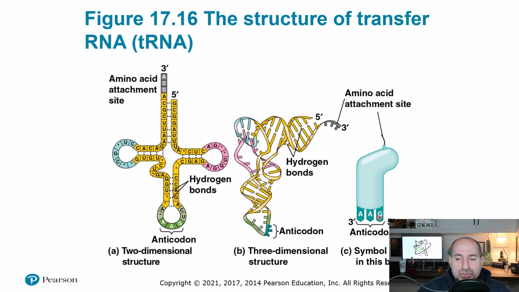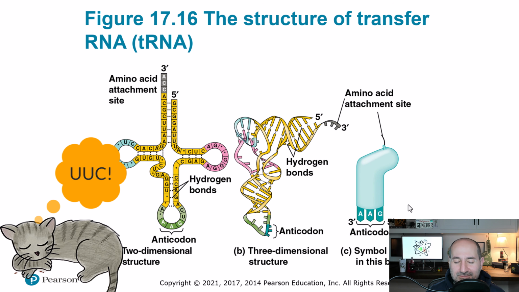Now, this AAG anticodon is going to interact with and bind to mRNA. What codon would you say that this anticodon would bind to? Think about it logically. Can you beat Wicket? Which codon on the mRNA would the anticodon AAG bind to? Think about it for a second and let me see if you can beat Wicket. That's right, Wicket. The codon that would bind the anticodon AAG would be UUC.